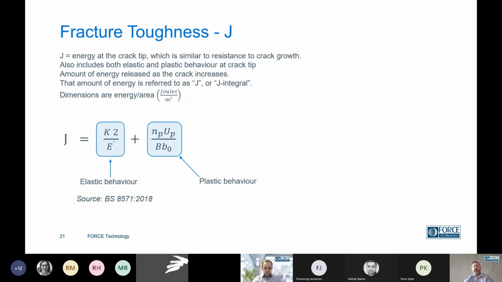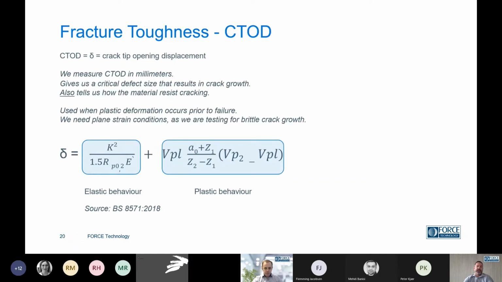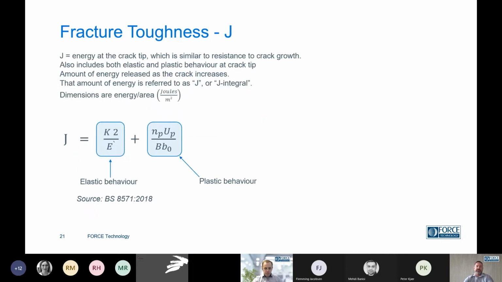For this one, it looks at the energy at the crack tip, whereas crack tip opening displacement more or less looks at the mouth, how the mouth of the crack behaves. Even though it could use some of the similar equipment, it uses the energy under a curve, and the mathematics is different.